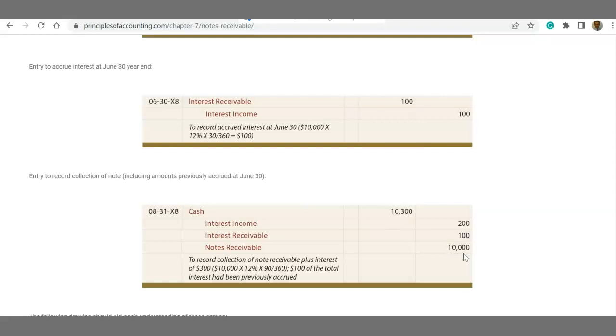You close the note receivable, you close the interest receivable, you only record $200 of interest income because you already recorded $100 here, and you debit the cash into your bank account. Deposit the cash, record the proper interest income, and close those two receivables.